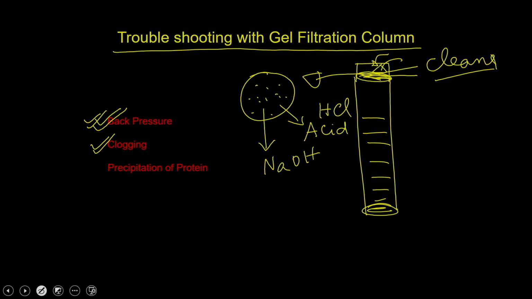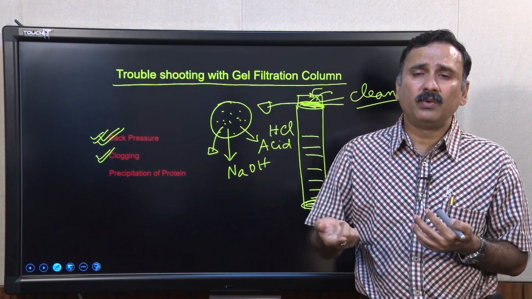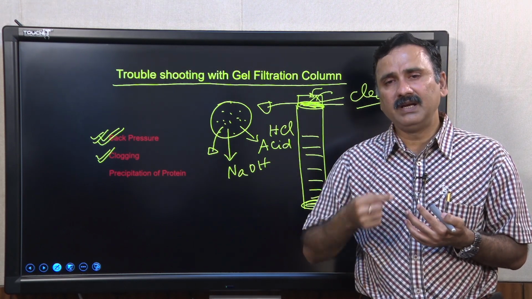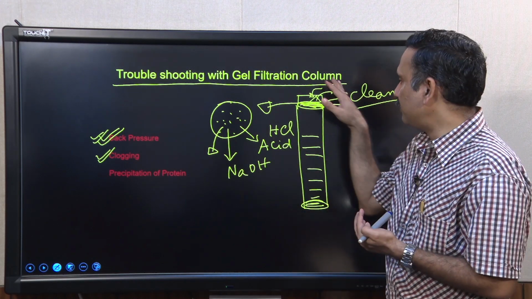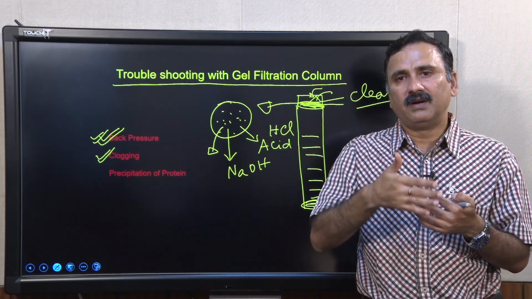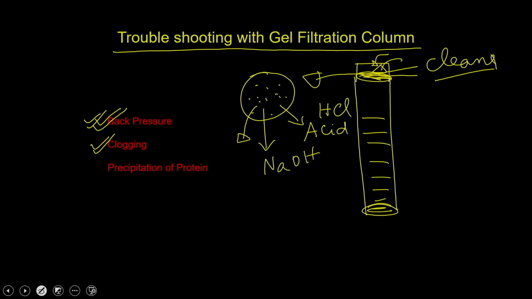If that is not good enough, you can still treat it with organic solvents as well, which are not going to affect the filters, and that is how it is going to clean your filter. Then you can put the filter back, and it should definitely take care of the back pressure as well as the clogging problems.